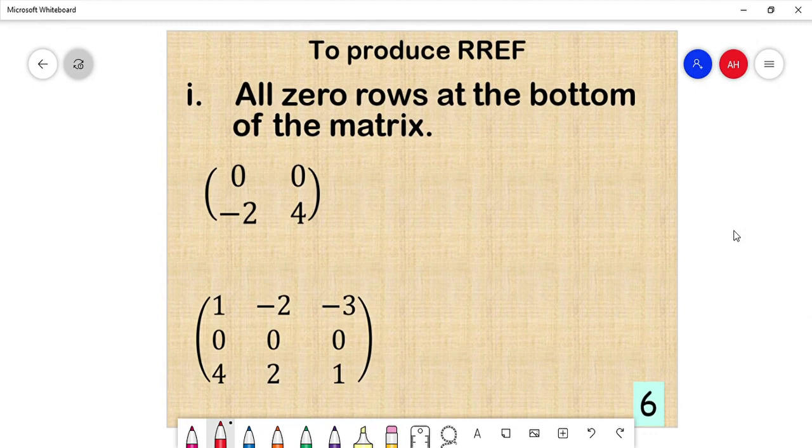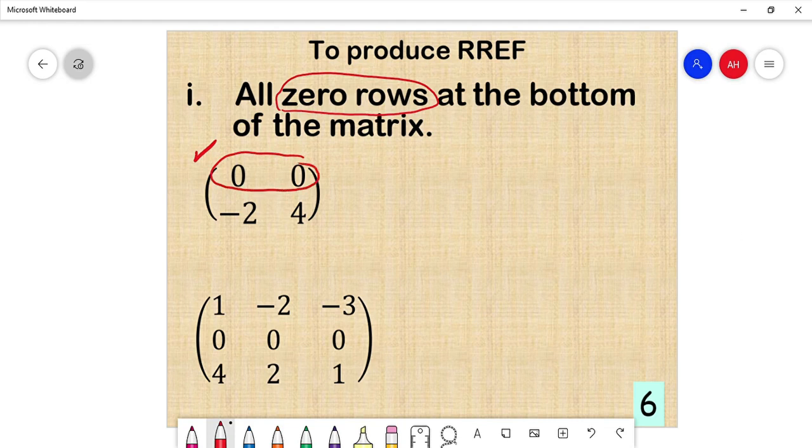That is, if the matrix has a 0 row, that 0 row must be written at the bottom of the matrix. I hope you understand what we mean by 0 row. A 0 row means a row having all 0 elements. Like in this example, for row number 1, we have all 0, right?